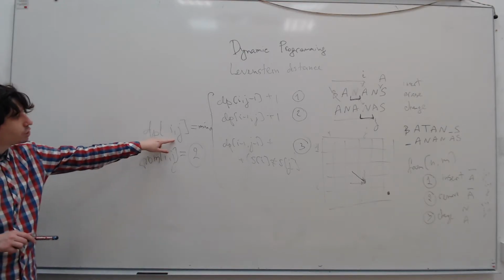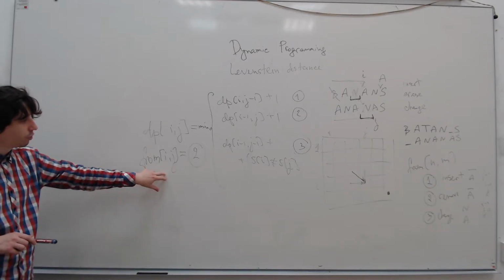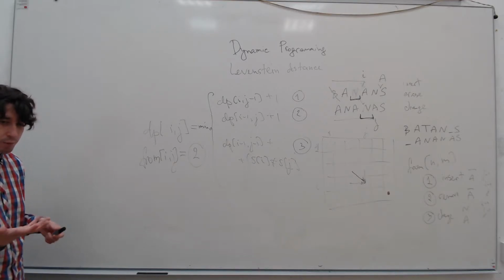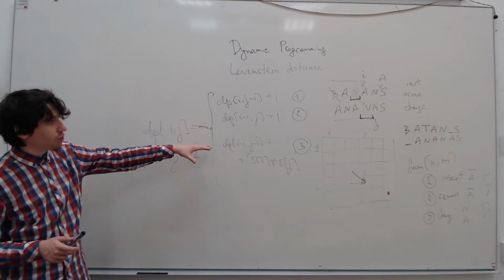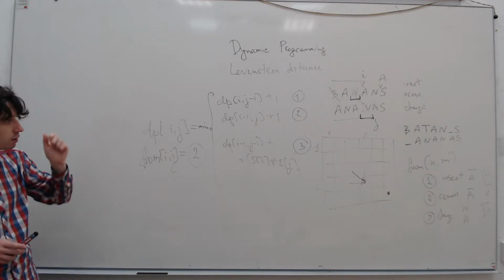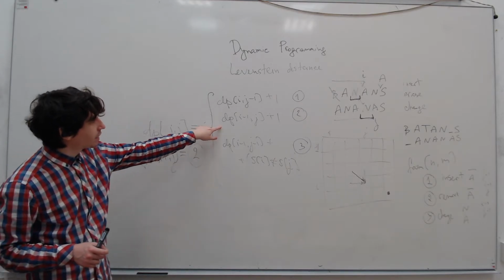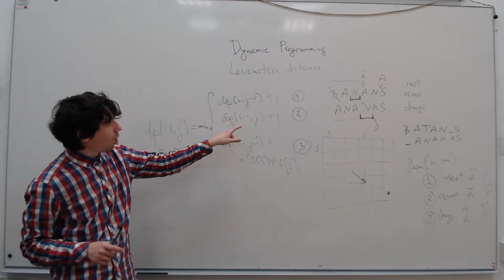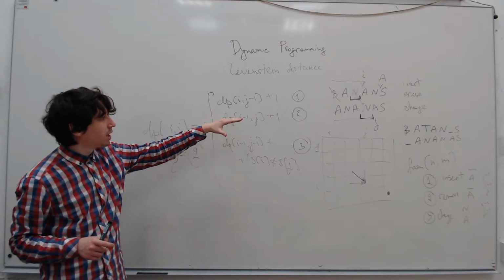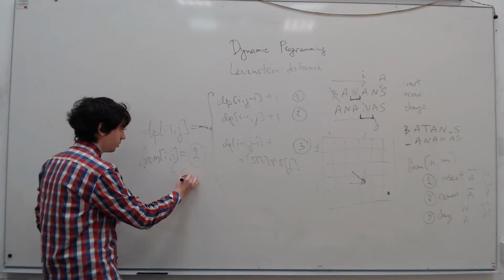For each state you maintain an array where you state either the state from which you come or which step you took to come to it. For example, this means that this was the minimum of these 3 ways. So you store that I came from 2, or I came from i minus 1 and j.